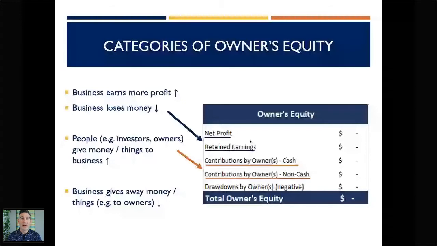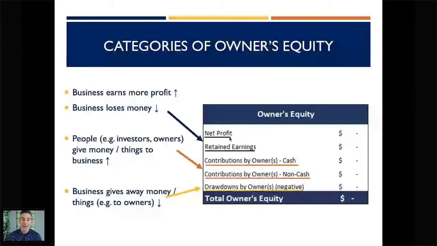You're contributing a vehicle, tools, etc., and transferring them to the business. And then the last one, giving away money, most commonly comes in the form of a drawdown by an owner, and that's basically just taking money out of the business, and that's always going to be negative. You're subtracting money from the business. So that's what owner's equity looks like.